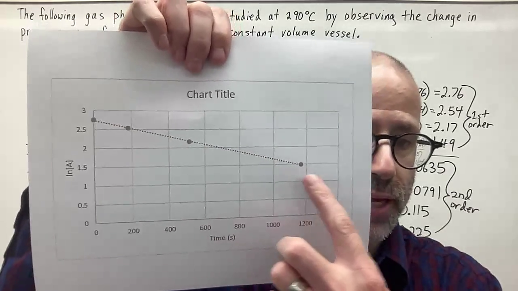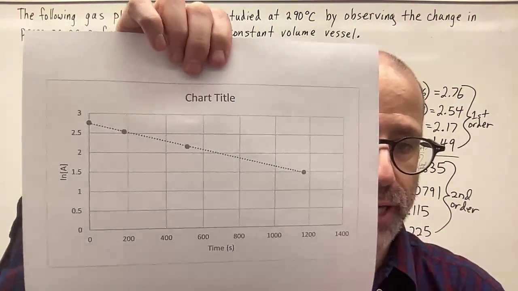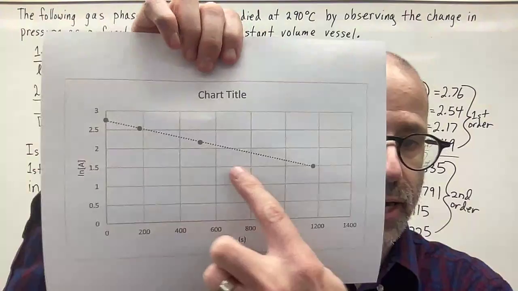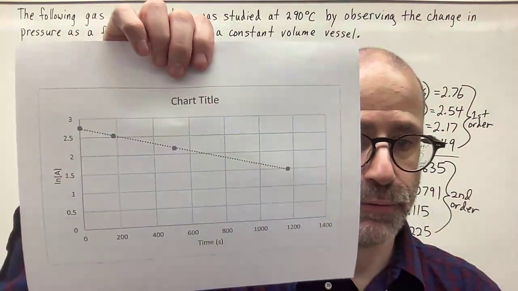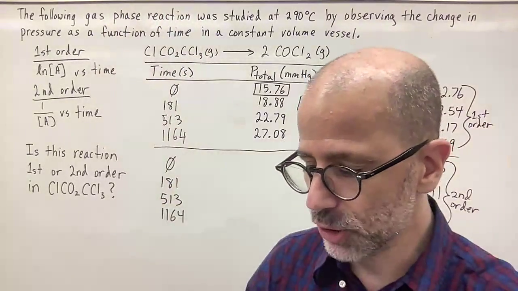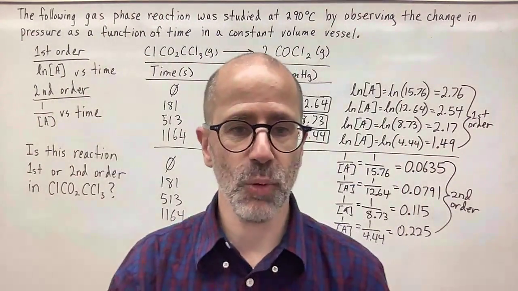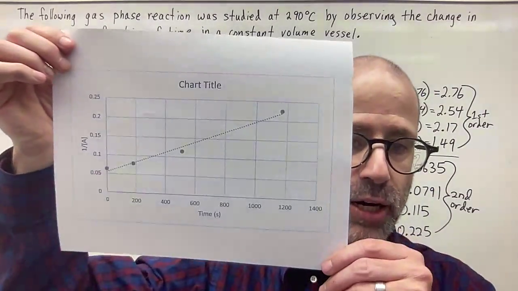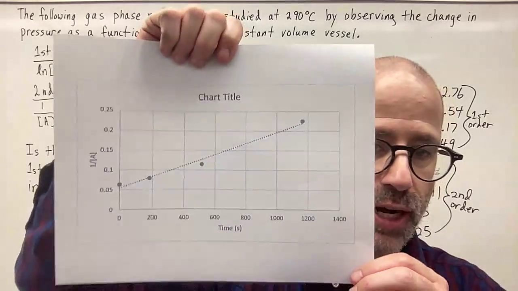And so this data that we plotted is the data for a first order reaction. Since we get a straight line through the data points, that indicates that it's a first order reaction. Now, just to be complete, you would do the other one. So here's the other plot.